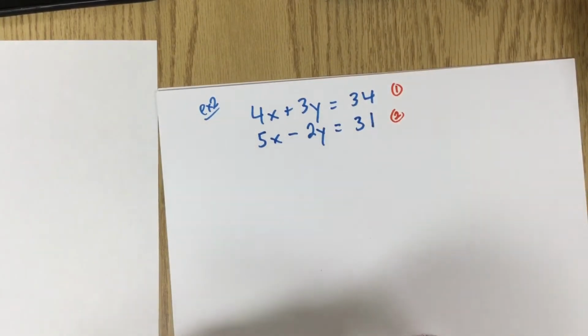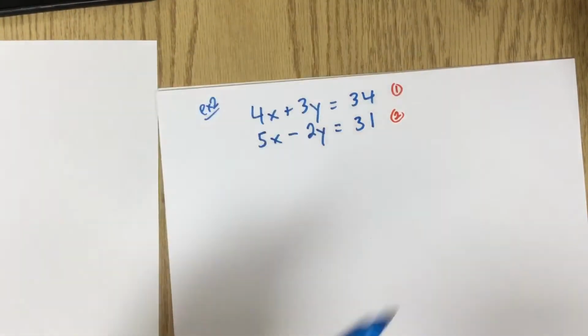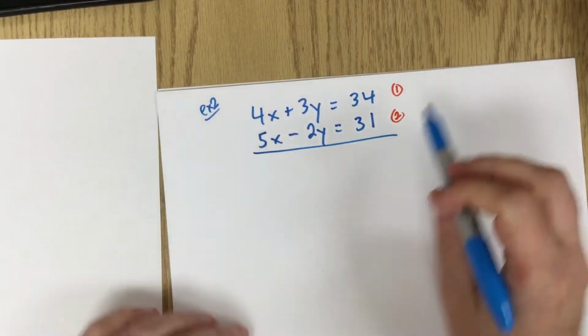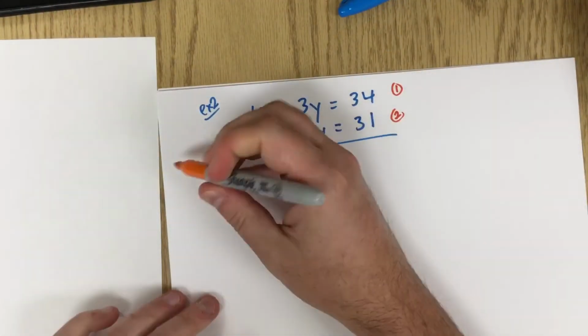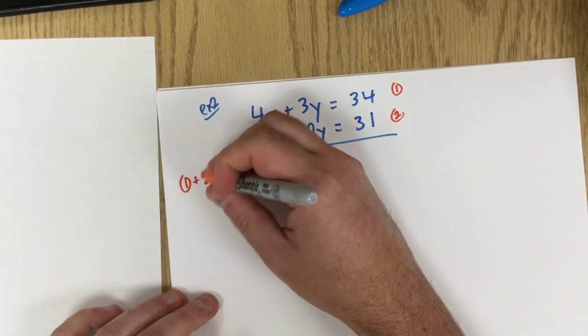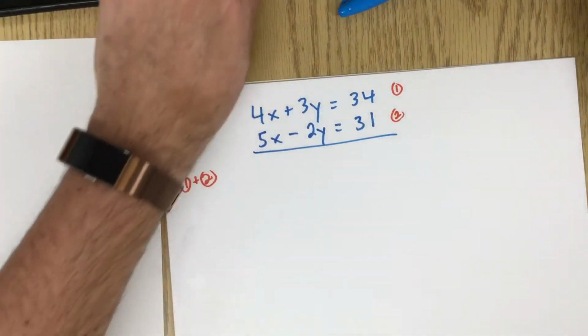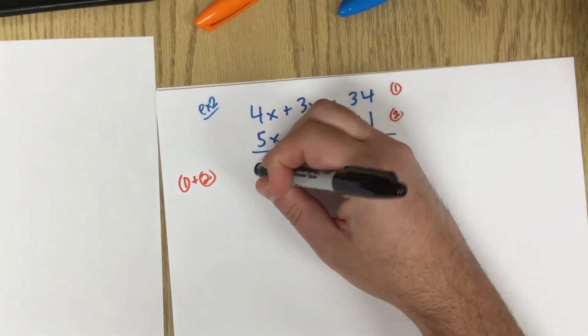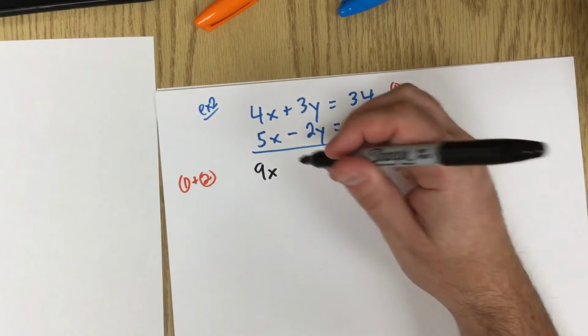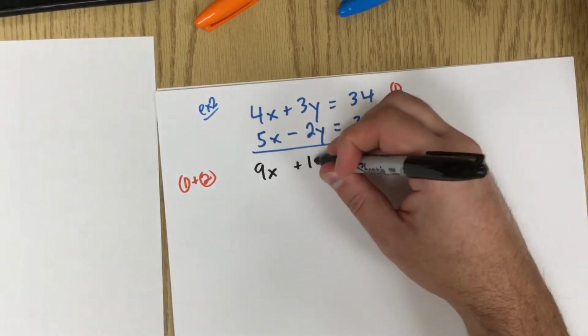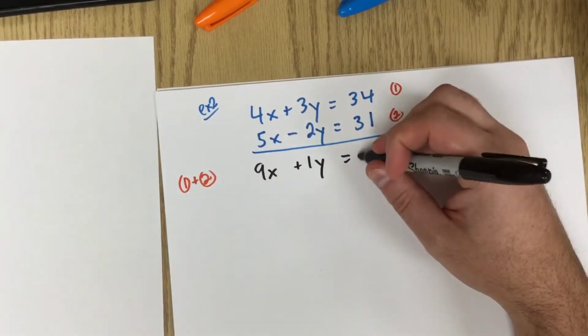And we're going to add these up. So it's going to be 1 plus 2. And we get 4 plus 5 is 9x. 3 plus negative 2 is plus 1y. And add this together and we get 65.